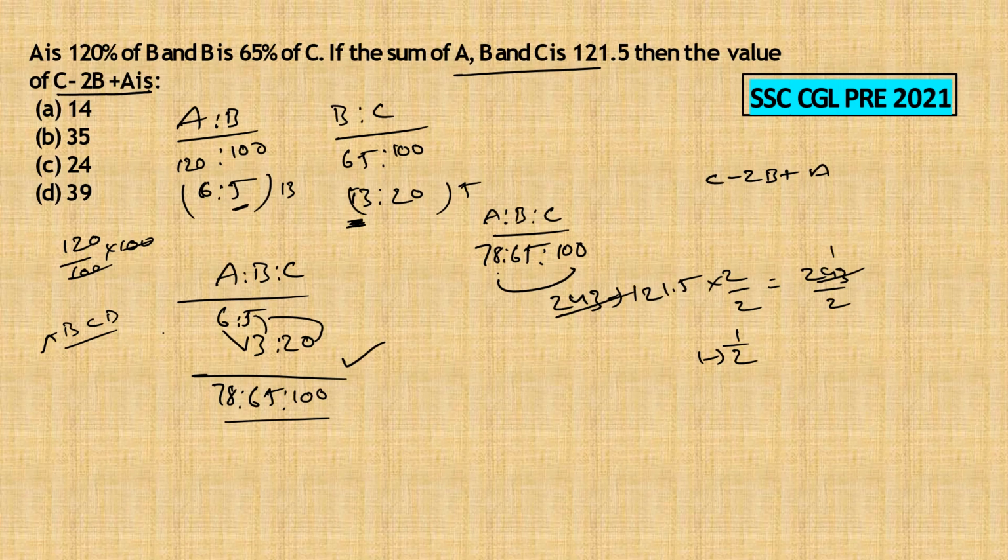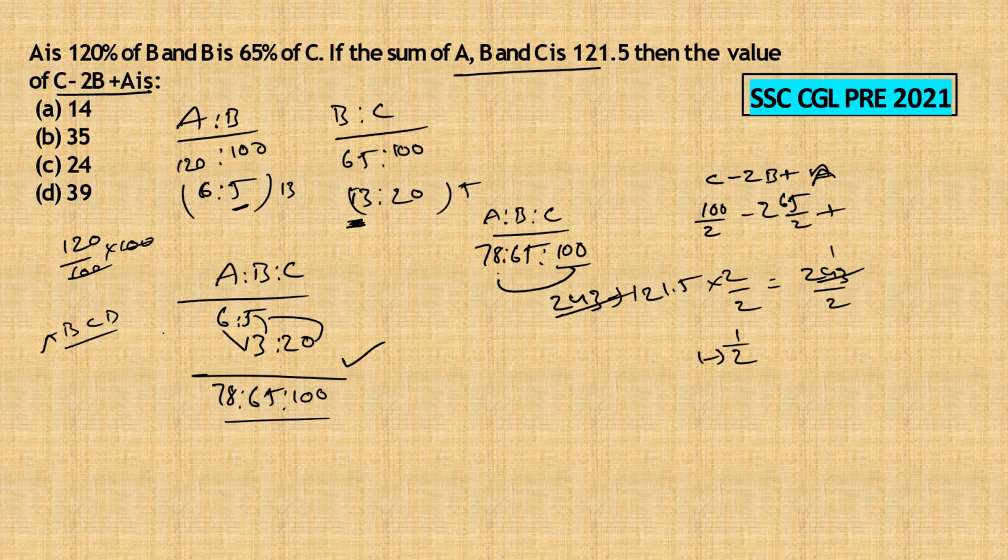What we need to find? C minus 2B plus A. Here what is the value of C? 100 by 2. I'll write here totally 100 by 2 minus 2B, that is 2 into 65 by 2, plus what is the value of A?